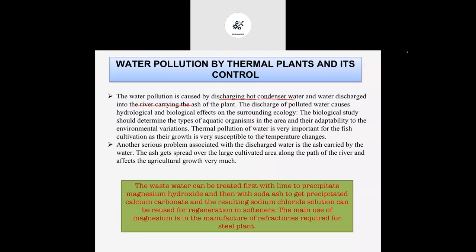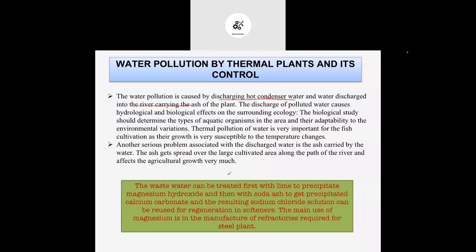Because of this thermal pollution, the water is very important for fish cultivation, because their growth depends upon the temperature of the water. Whenever the temperature of water changes even slightly, it badly affects fish cultivation. So that is again important to see.